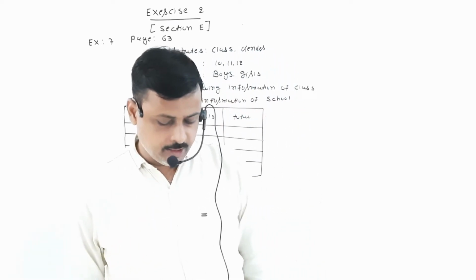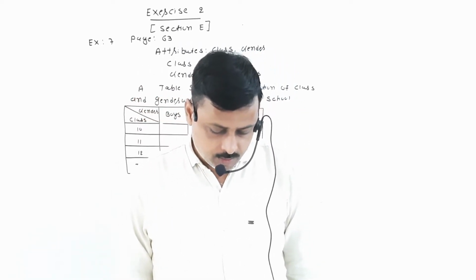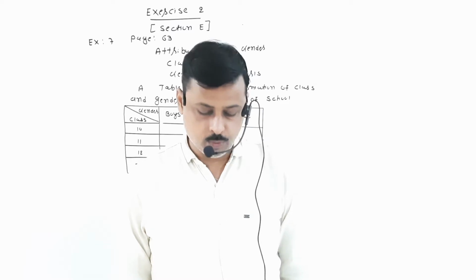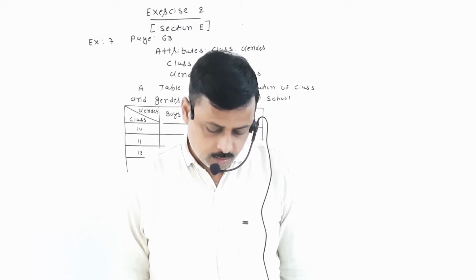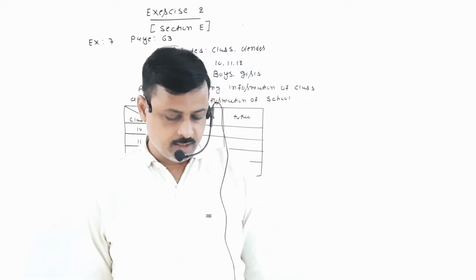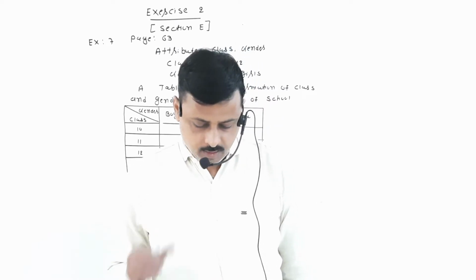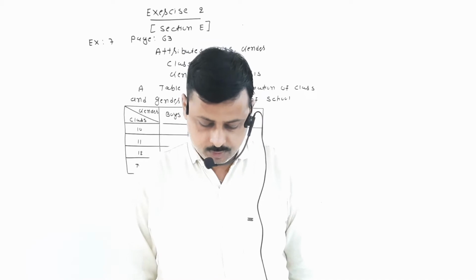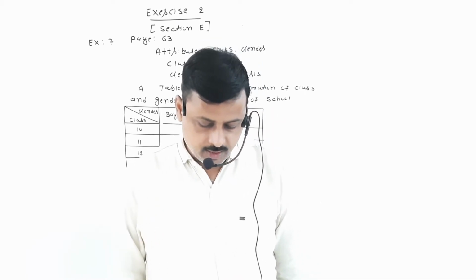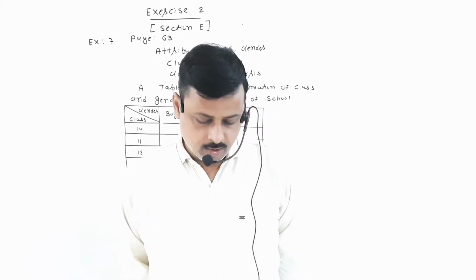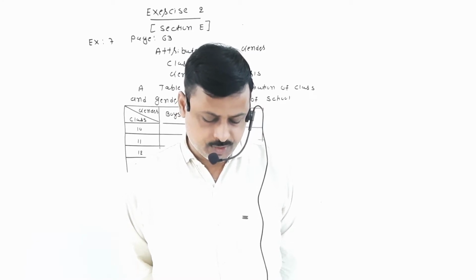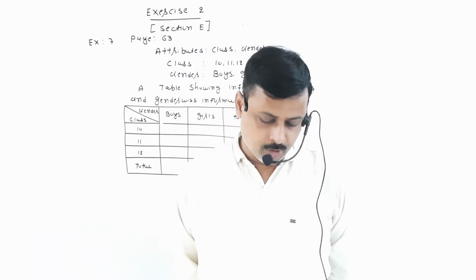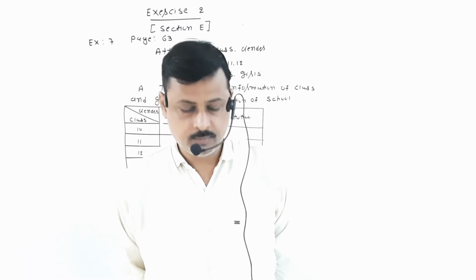There were 850 students studying in a higher standard of a school. The number of students in standard 10, 11 and 12 were in the proportion of 8 is to 5 is to 4. In standard 10, the number of boys is 30% of the number of students in the school.